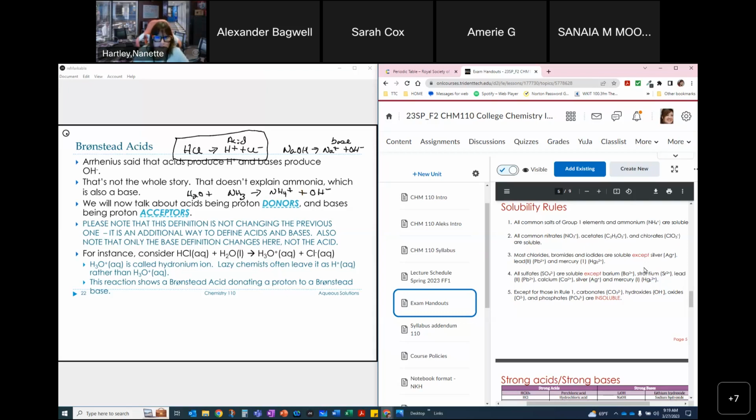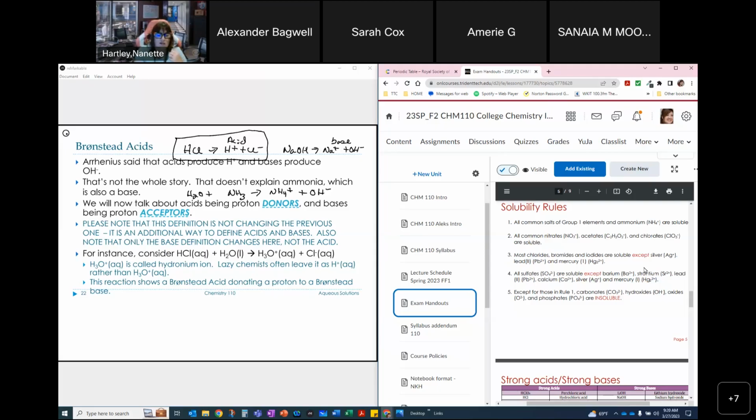We're still getting it, but it's not because it was donated by that species. And so this is why that Bronsted definition is slightly larger than what we talked about before. We have a lot of nitrogen compounds that are able to accept a proton and then act as bases in that fashion. So it doesn't change the acid definition at all. It just changes our base definition a little bit.